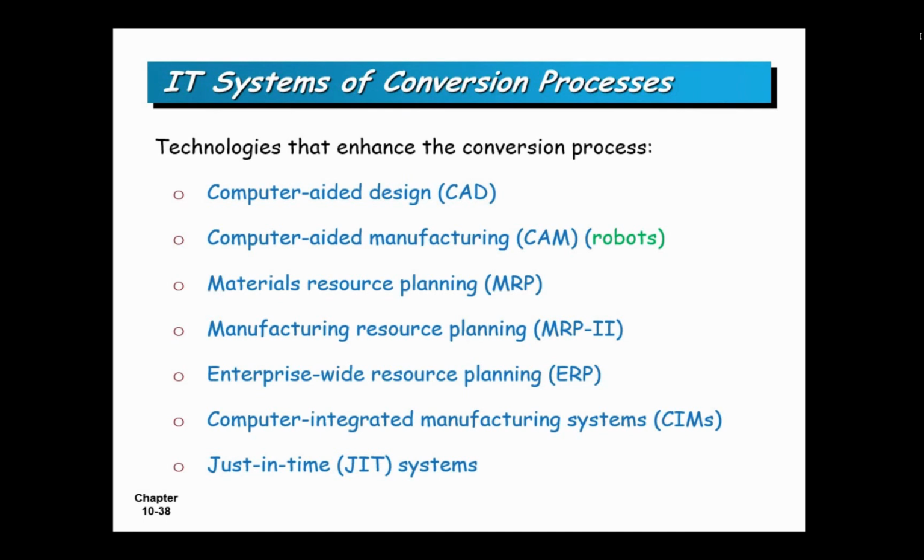Computer-aided manufacturing is really CAM, which is robotics. Materials resource planning, a higher grade of materials resource planning, which includes up and downstream contacts. ERP, which is enterprise-wide, really robust big systems by SAP or Oracle. Computer integrated manufacturing systems and just-in-time systems.